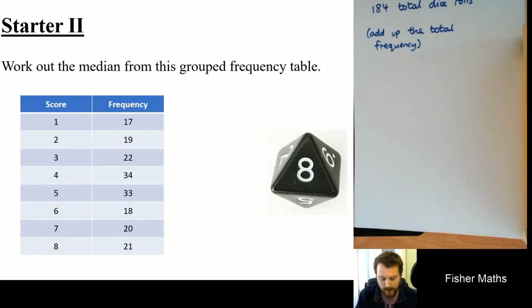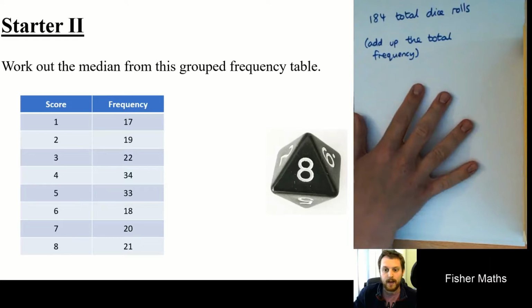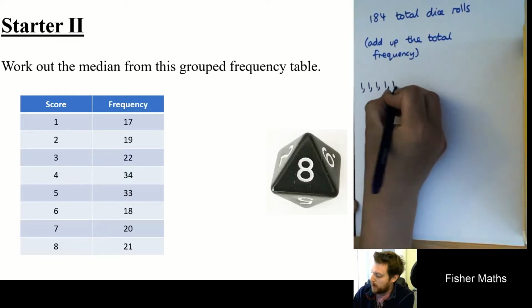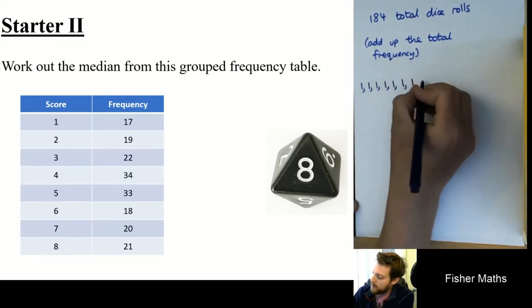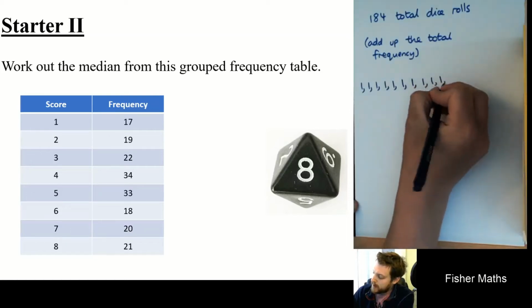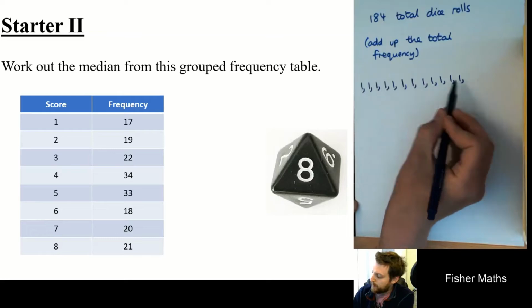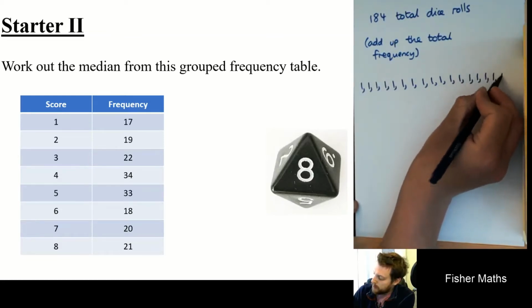Of course they didn't all come out in that exact order, but what's happened is we've put them all in order at the end, right? So we have a 1, a 1, a 1, a 1, a 1, a 1, a 1, and I can't be bothered to do it for these just to show you the point. So 3, then 4, then 5, and then 1, 2, 3, 4, 5.